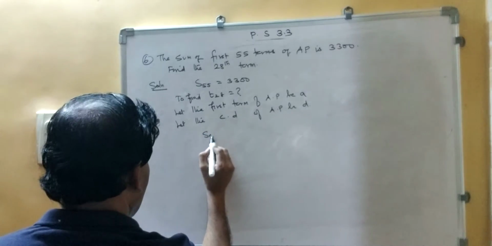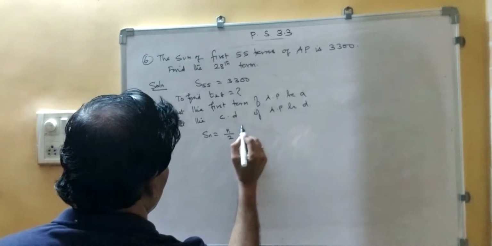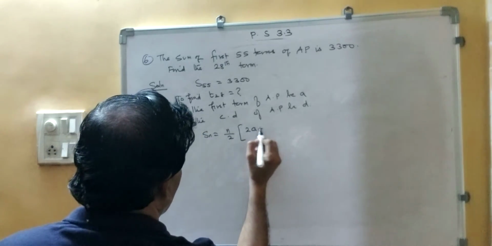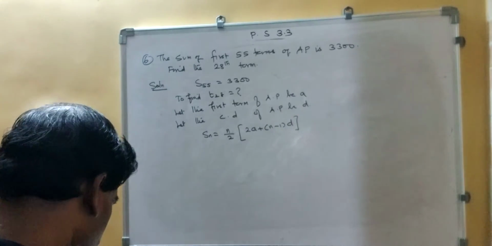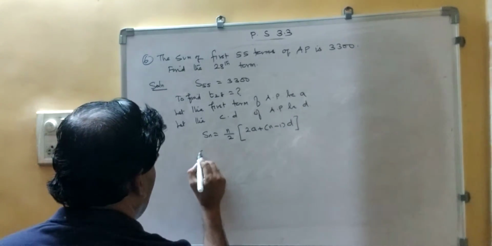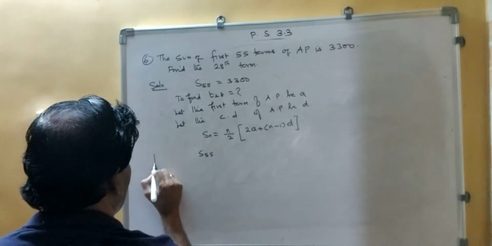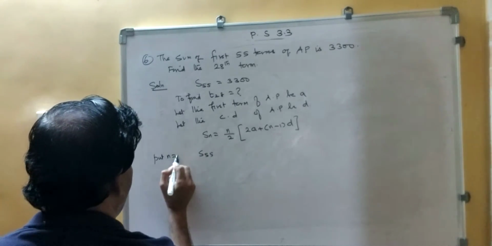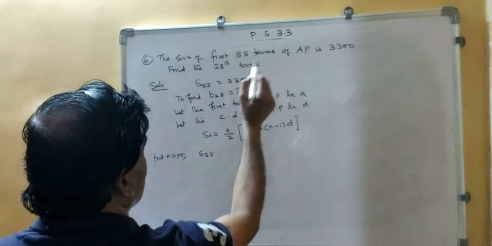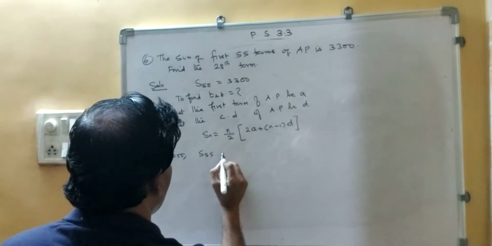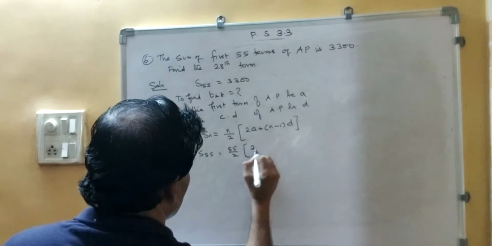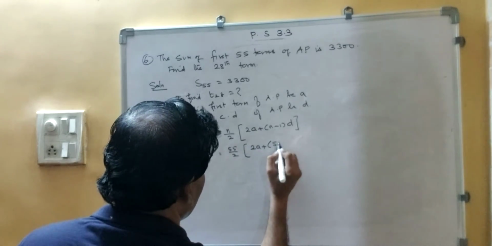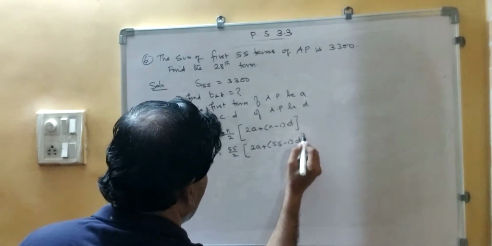Now, Sn equal to n by 2 into (2a plus (n minus 1) into D). Okay. Now, what is given? S55. Put n equal to 55, because n is equal to 55 they are given. So, 55 upon 2 into (2a plus (55 minus 1) into d).